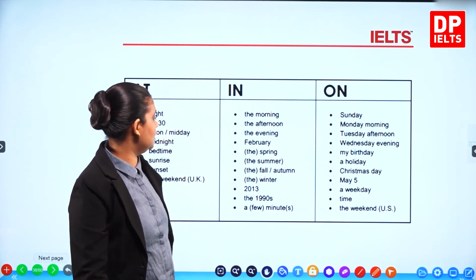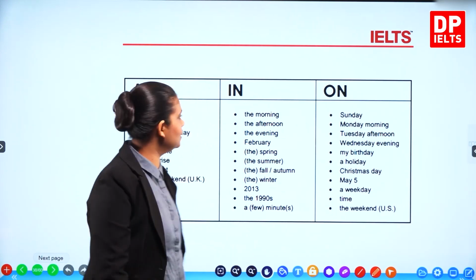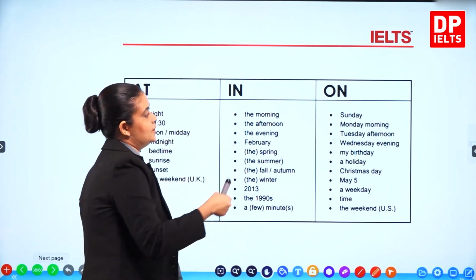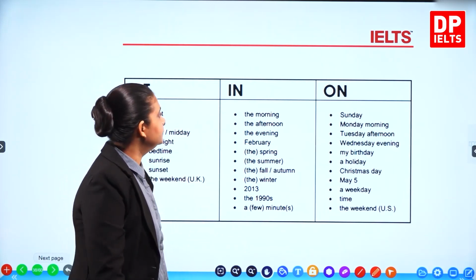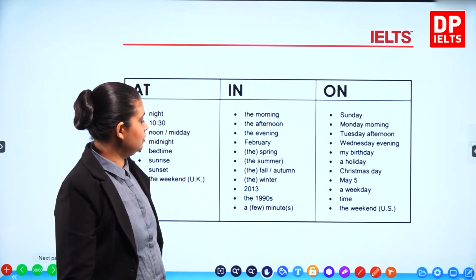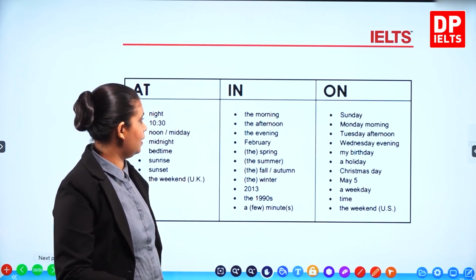In 2013, in the 1990s, in a few minutes. So here you can see a bit of more different uses. Morning, specific time of the day, right? Afternoon, again, during seasons, you could also use in, right?